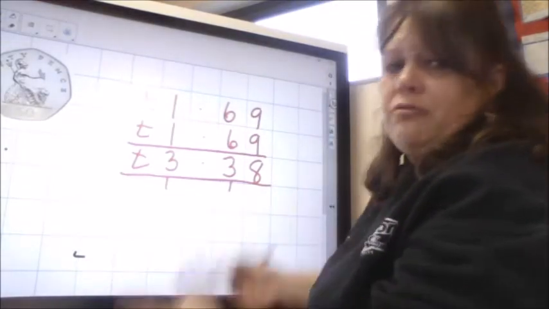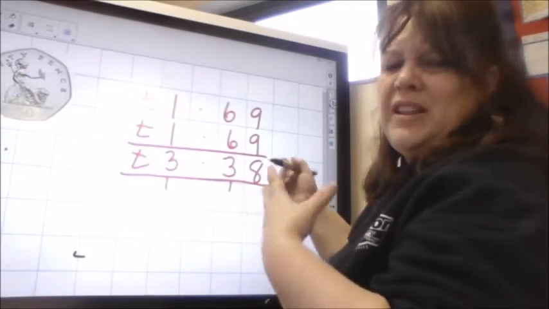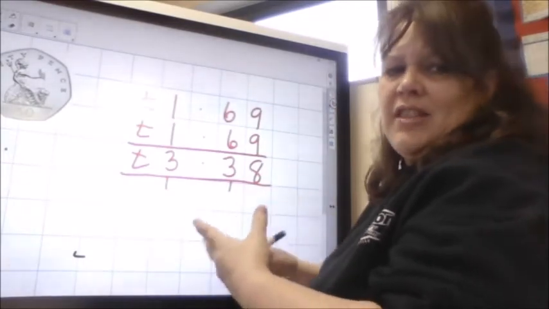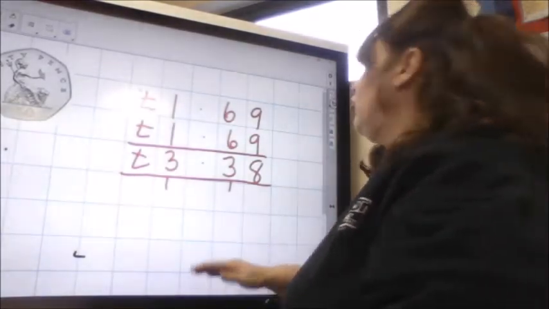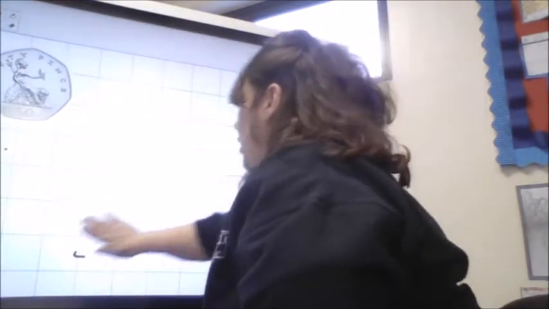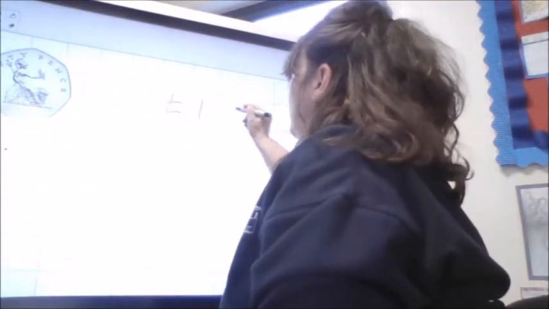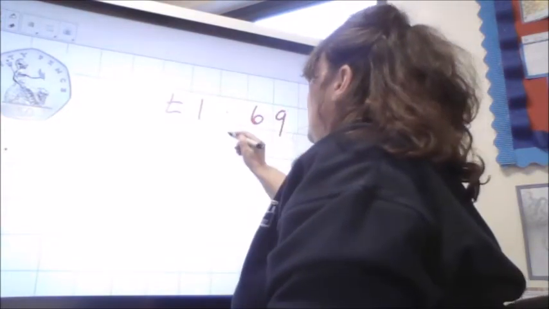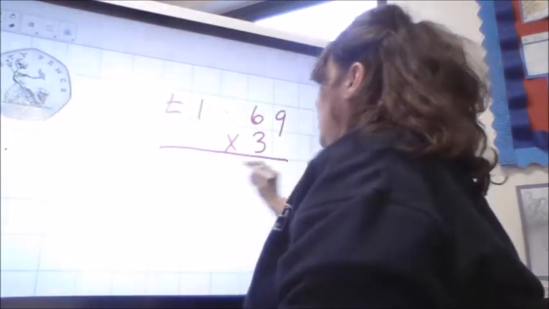You might be asked to treble. So that would be adding another £1.69. So if you're doing that, you might decide that I'm going to do that in a short multiplication way again. Okay, so £1.69, treble means times by 3.